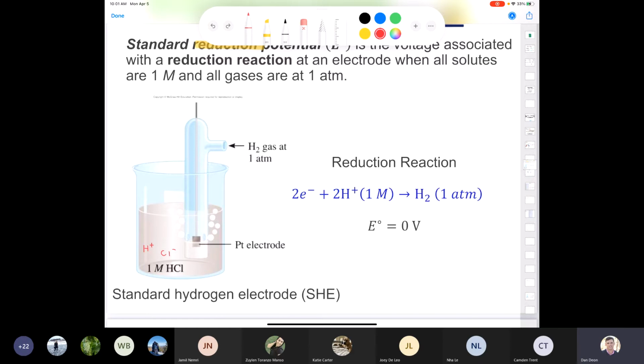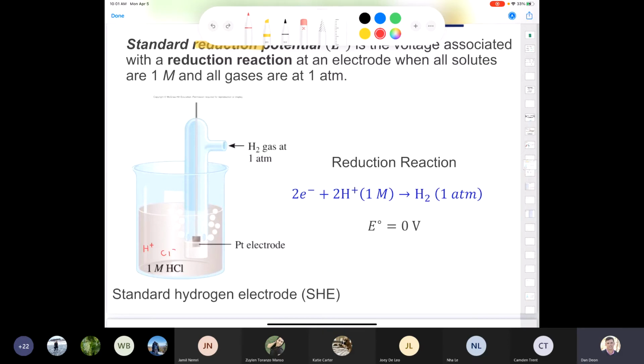If we observe the reduction of a proton, a hydrogen ion with a concentration of 1 molar, when that proton gets reduced, we have the reduction equation shown here: 2 protons plus 2 electrons gives you H2. Again, we assign this reduction reaction a value of 0 volts. So we say its standard reduction potential is 0 volts.